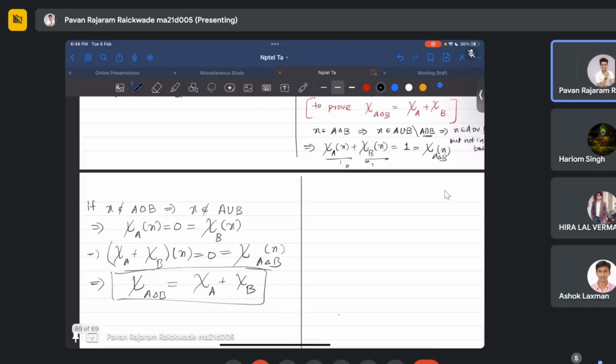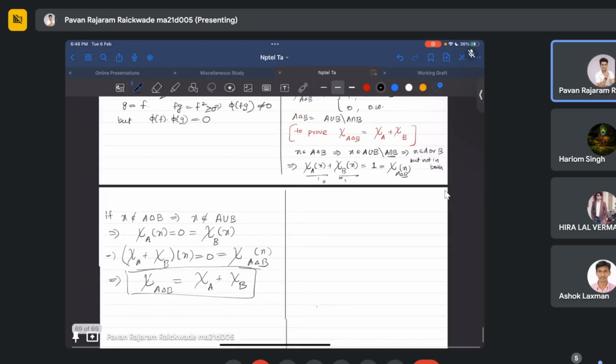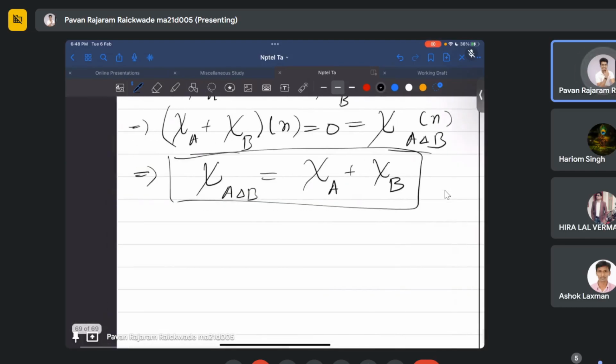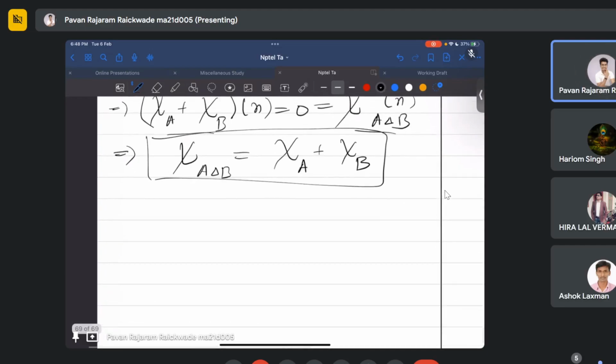So this is a group homomorphism right now. Next, you want to show that this is a ring homomorphism as well. So for ring homomorphism, what do you want? Phi of A intersection B, where the product is intersection, to be the same as phi of A dot phi of B. Because there you have the ring R, which is the set of all functions, and there the product is the pointwise product.